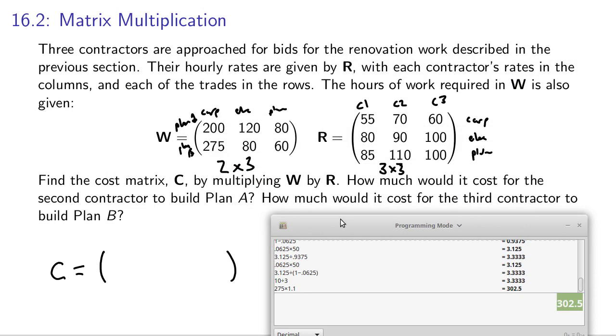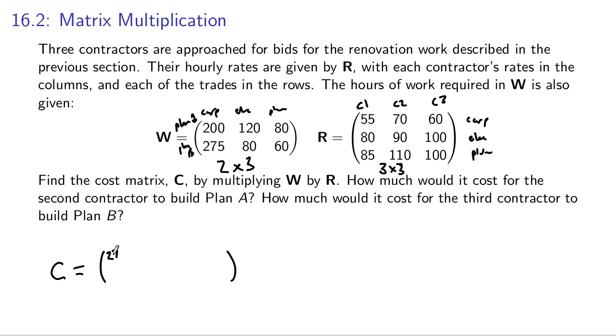So we have 200 times 55 plus 120 times 80, doing the first row of W and the first column of R, plus 80 times 85 gives us 27,400 for our first entry in C. 27,400.